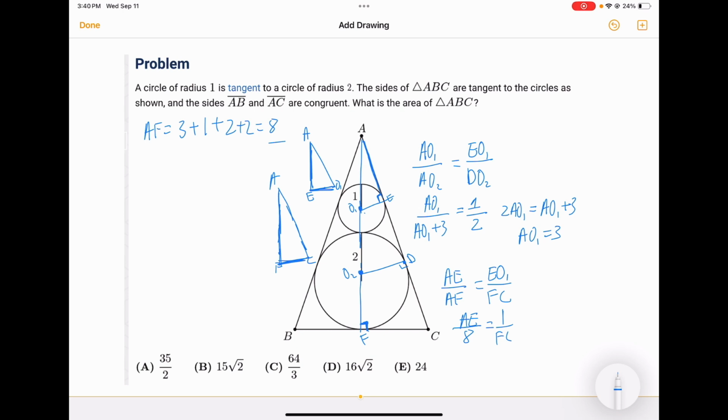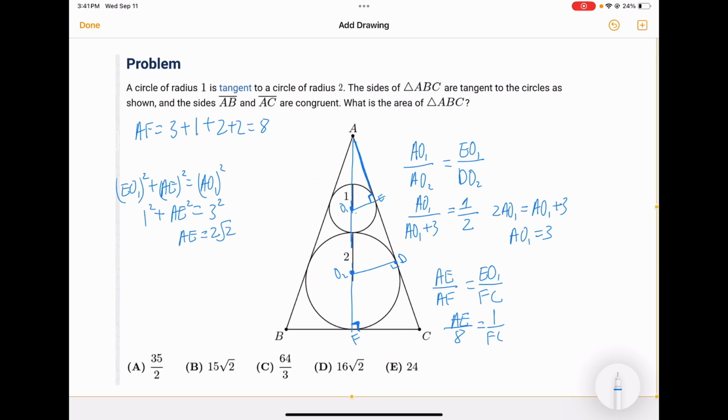So it would be EO1 squared plus AE squared is equal to AO1 squared. We know that EO1 is 1, so that's 1 squared, and AO1 squared is 3 squared. Solving for AE, it gives us 2 radical 2.